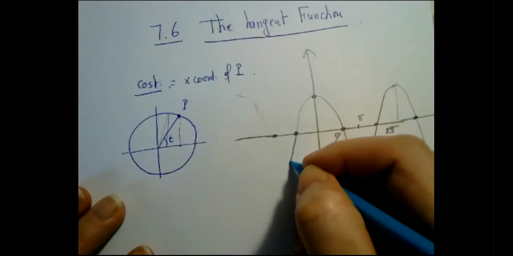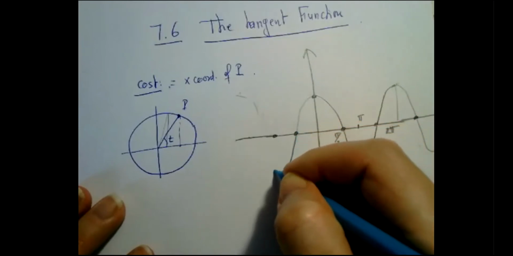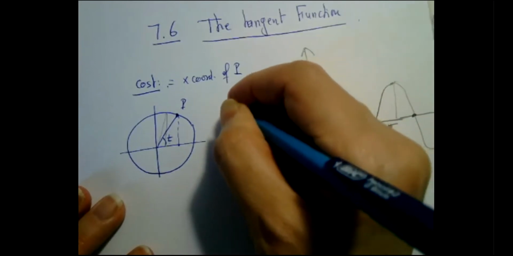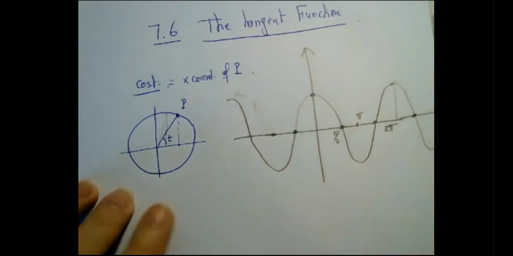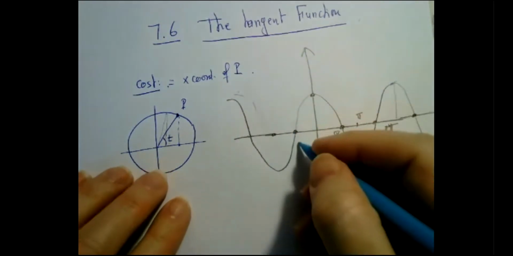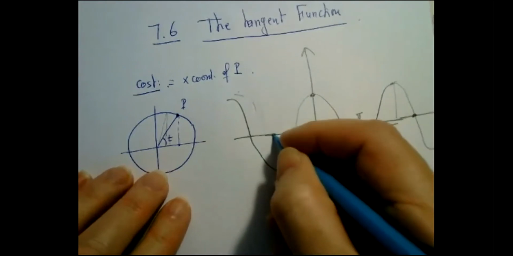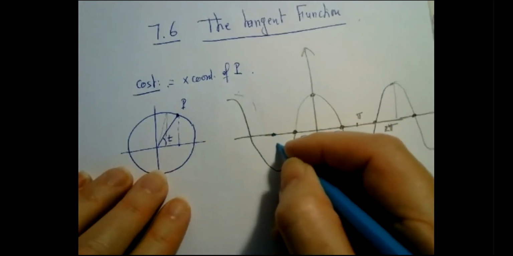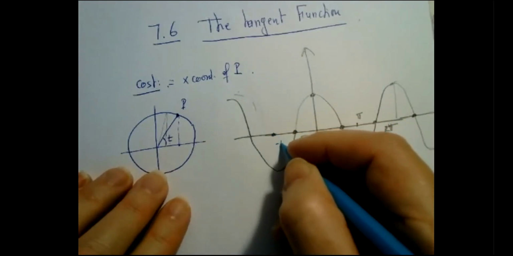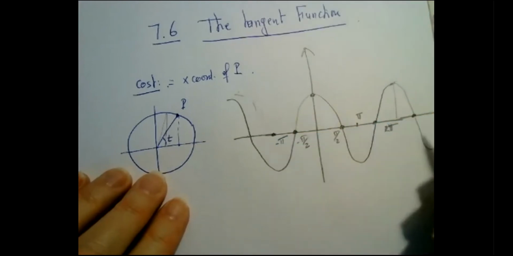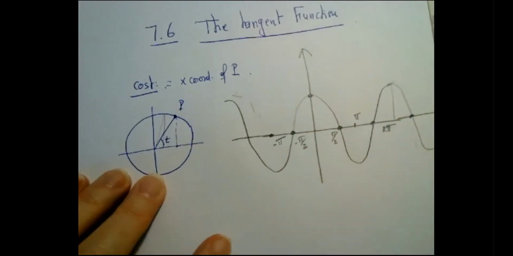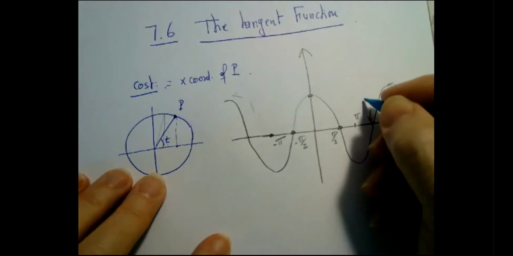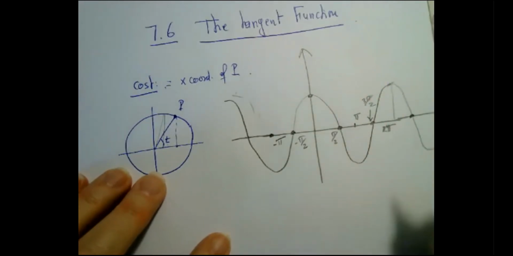If I keep going, repeating my graph, what do you think this point is here? Minus pi over 2. What's this point here? Minus pi. What's this point? 3 pi over 2.